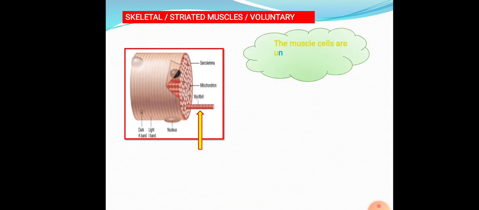If we see the structure of skeletal muscle, these muscle cells are unbranched. You can see there are no branches in the single muscle fiber. The muscle cells are unbranched and consist of many nuclei, so it is a multinucleated muscle fiber.